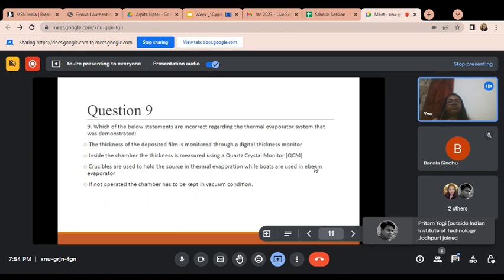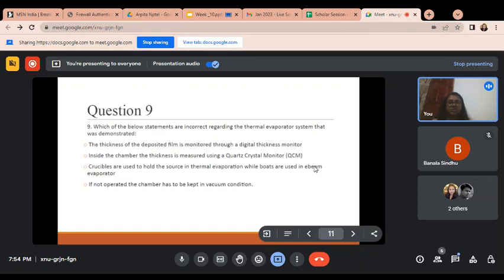Next we are moving toward question number 9. Which of the below statements are incorrect regarding the thermal evaporation system that was demonstrated? The first option is the thickness of the deposited film is monitored through a digital thickness monitor, and the second option is inside the chamber the thickness is measured using the quartz crystal monitor.